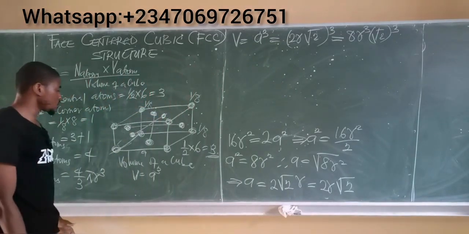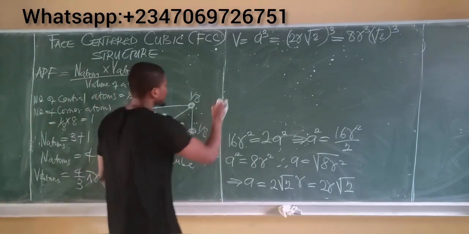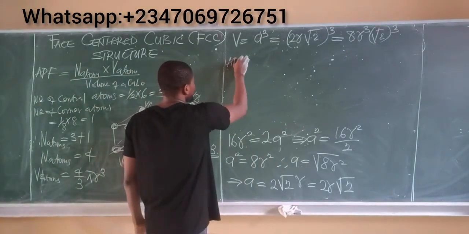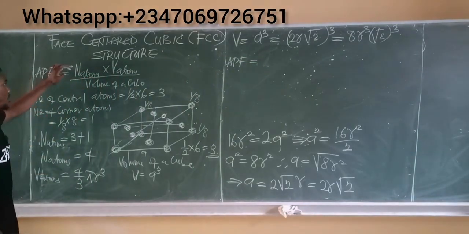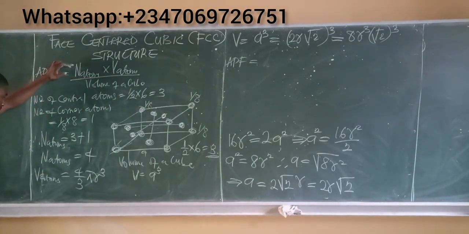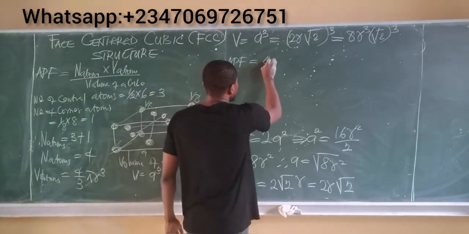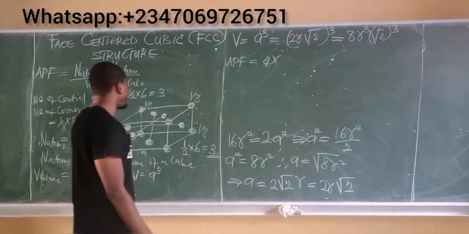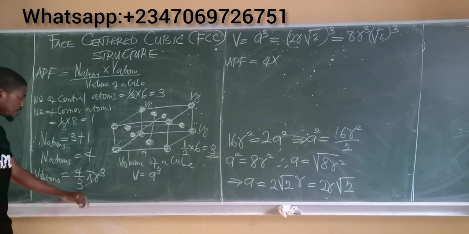So if we substitute these values into the formula for atomic packing factor, we are going to find that the atomic packing factor, APF, for a face-centered cubic, we said, is equal to the number of atoms contributing volume, and that number of atoms is 4. So we have here 4 multiplied by the volume of an atom. The atom is a sphere, which is 4 over 3 pi r cube.